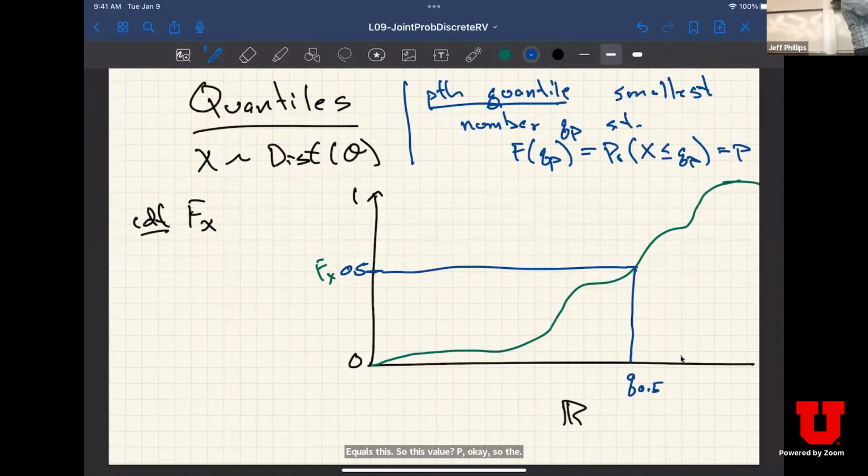So it's a way of mapping from the y-axis, which has values from 0 to 1, down to the x-axis through the CDF.